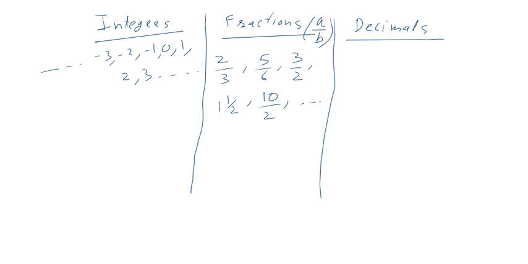Yes, these are fractions. These can be converted to simple numbers also. Now you may be thinking why this is a fraction. This is also a type of fraction. As long as something of the form a by b appears, it is a fraction.